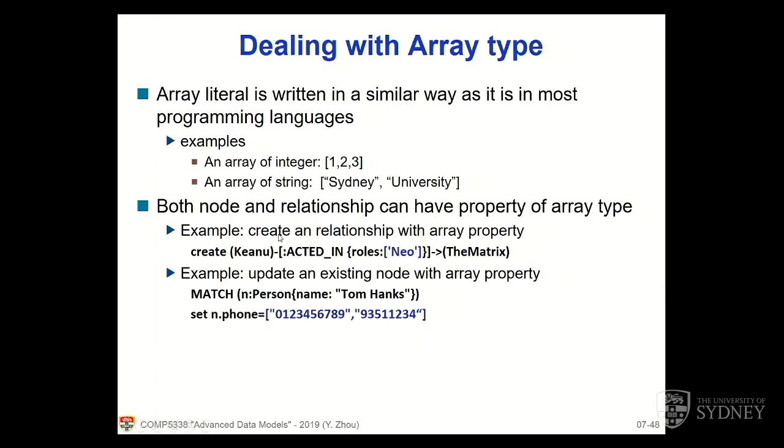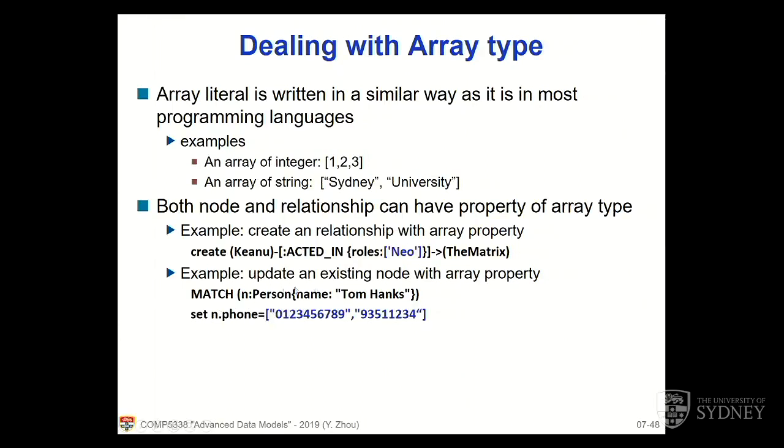Both nodes and relationships can have properties of the array type. Assuming a person may play multiple roles, we use the array type as the data type of this property, like roles.